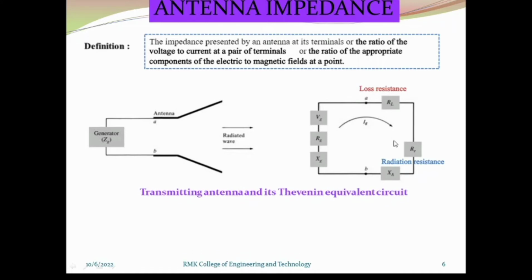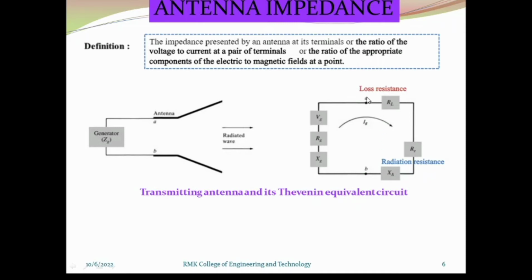So in the Thevenin circuit, we have the source voltage, the source generator resistance, the reactance of the generator, and this is the RL loss resistance. Loss resistance is the ohmic loss or heat due to internal resistance, and this is your radiation resistance, right? And XA is the reactance of the antenna.